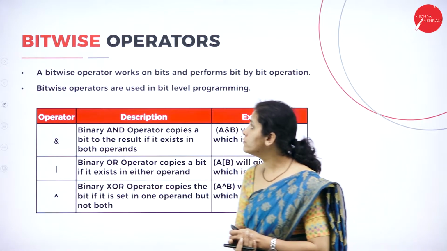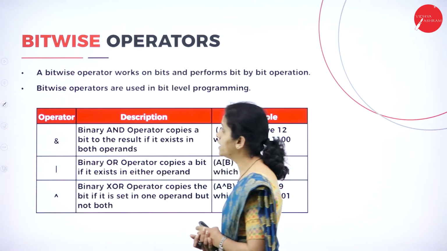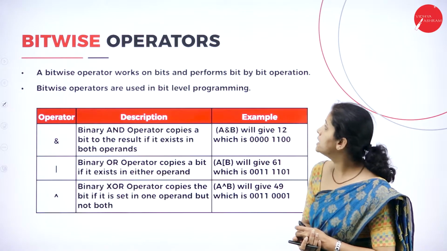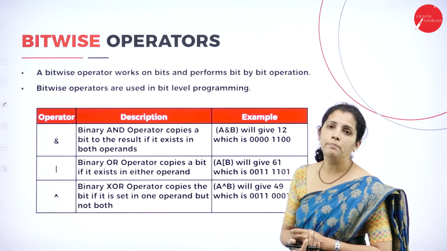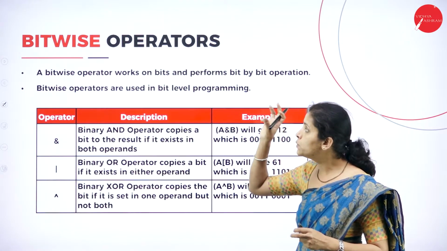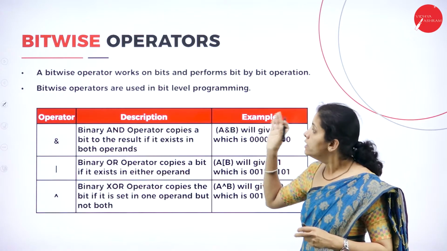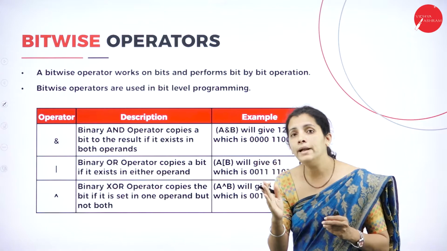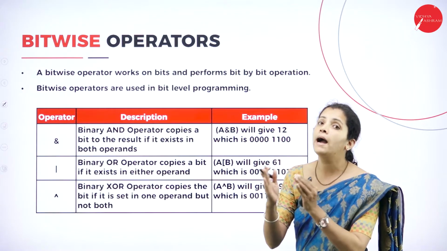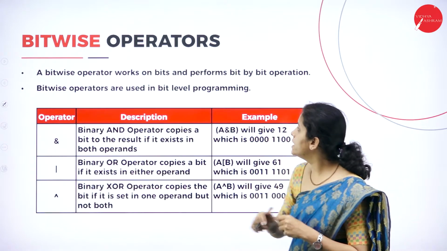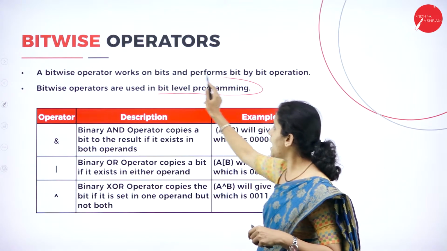Now I'm going to have the bitwise operator. A bitwise operator works on bits and performs bit by bit operations. So what is the bitwise operator? It's going to perform the operations based on the bit, that is, bit by bit. And bitwise operators are used in bit level programming.